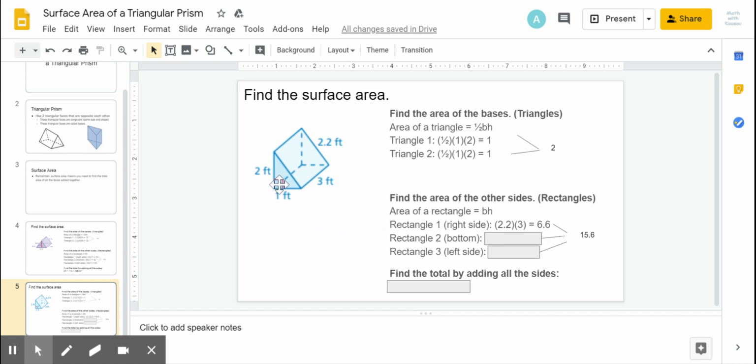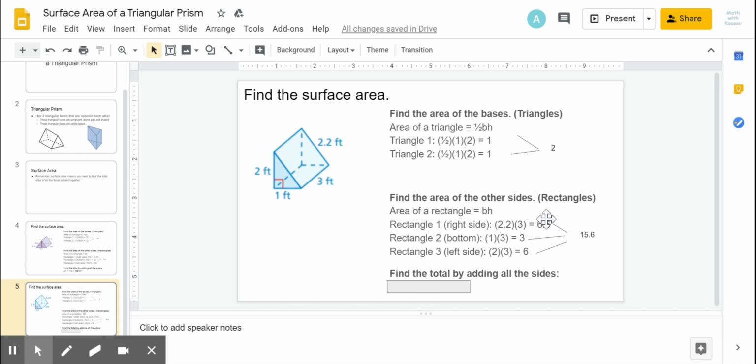For the rectangle on the bottom, the dimensions are 1 and 3. So 1 times 3 gets you 3. And then the third rectangle that is back here, your dimensions are 2 and 3. So 2 times 3 gets you 6. And so your total for the 3 rectangles would be 15.6.